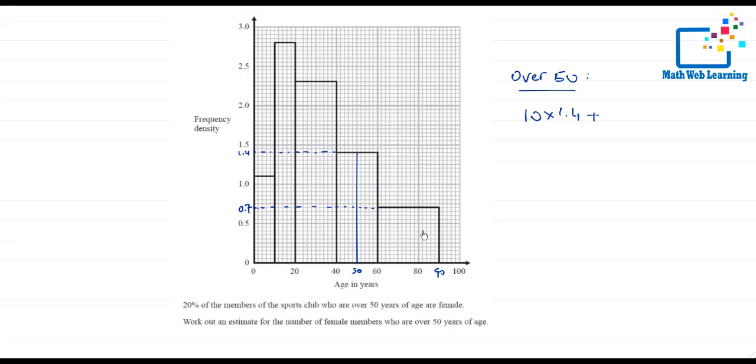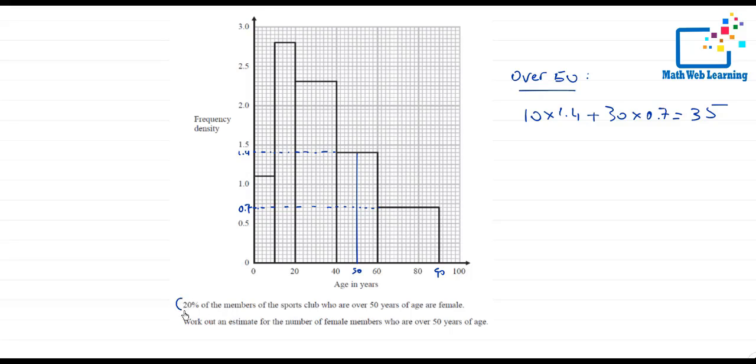We need to add this area to it, which is 30, from 60 to 90, times the height of this wide bar here, which is 0.7. If you did that, you get 35.